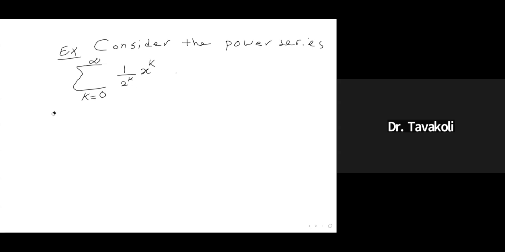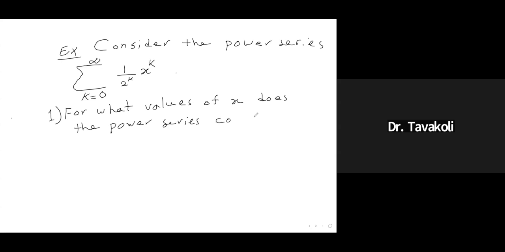So that's part one for this example: for what values of x does this power series converge? These values of x form an interval, and that's called the interval of convergence.